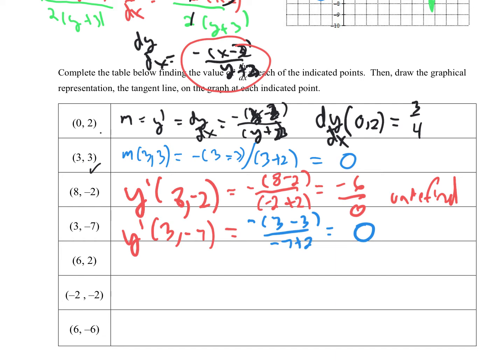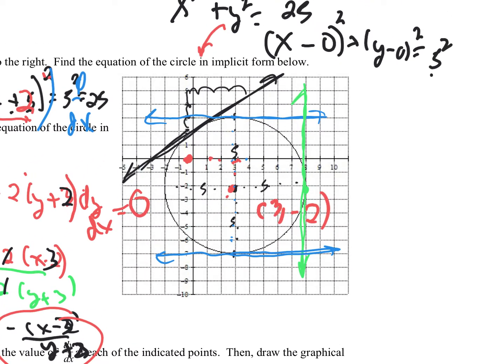Not really. 6, 2. Looks like some sort of a negative slope. Let's try it. 6, 2.